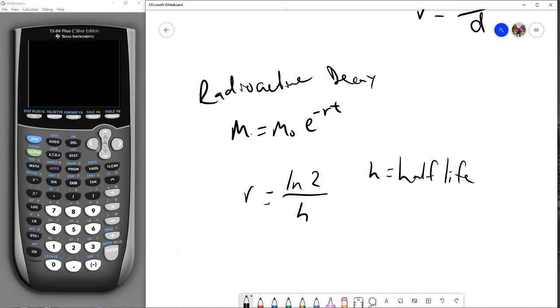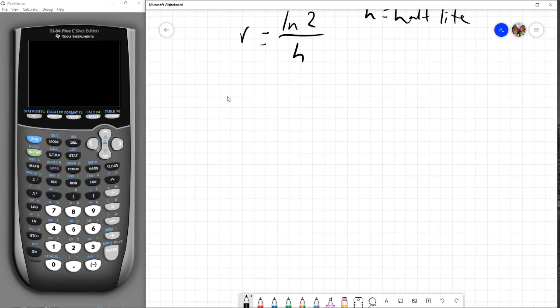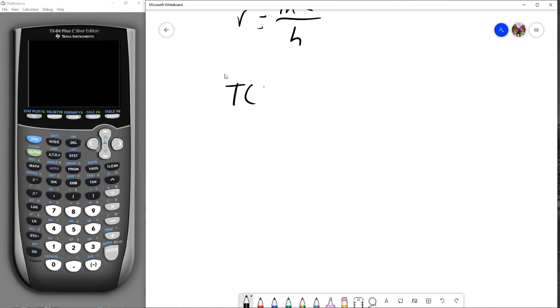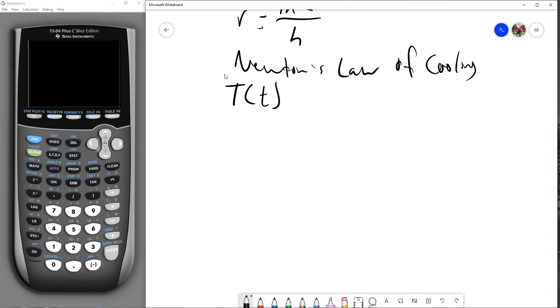We also talked about Newton's law of cooling. So if we want to know the temperature of some object that's hot and cooling down, we can think of it as capital T, the temperature of the surrounding environment, T subscript S, plus our T naught, e to the negative kt.